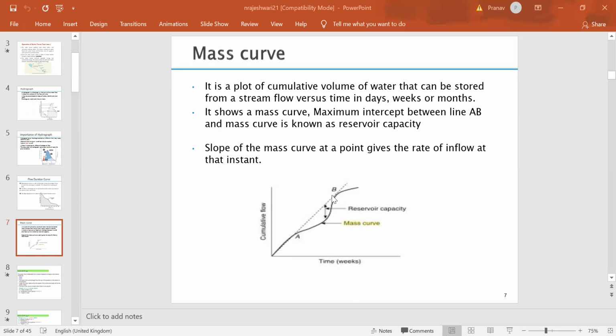This will give the reservoir capacity, and the slope of the mass curve at a point gives the rate of inflow at that instant only. So this is about the mass curve, flow duration curve and also the hydrograph.